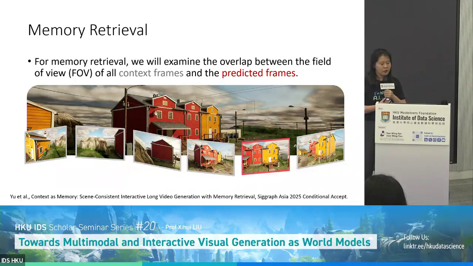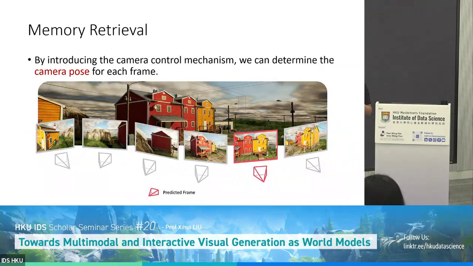So we examine the overlap between the field of view of all of the context frames and the predicted frames. For example, in this video, we assume that we are going to generate this red frame, and then we examine the field of view of all of the other frames against this particular frame. If they have a very high overlap in the field of view, then the corresponding context frame is very important for generating this new frame.